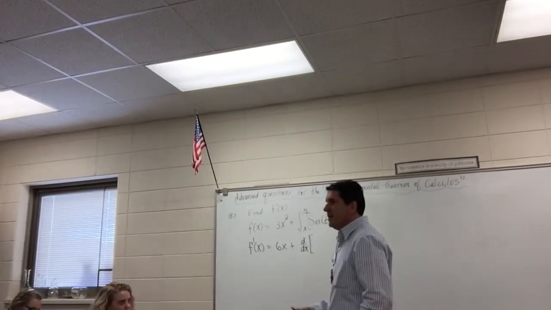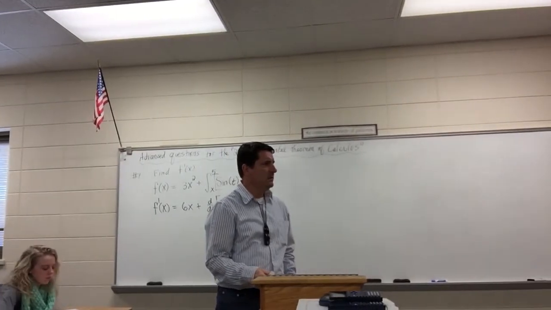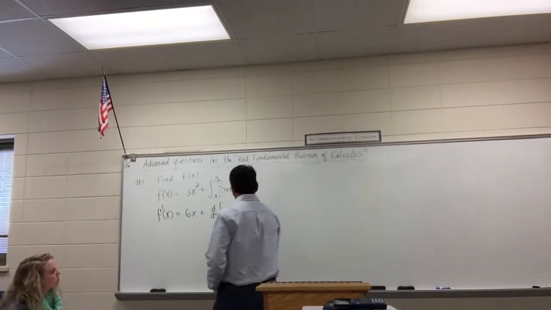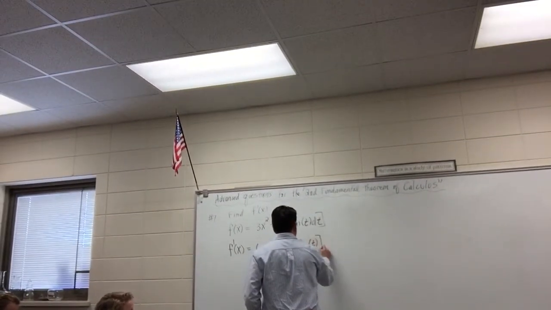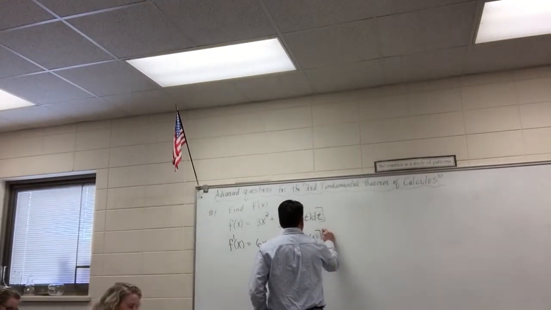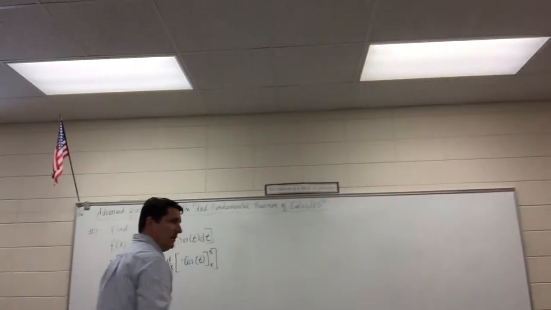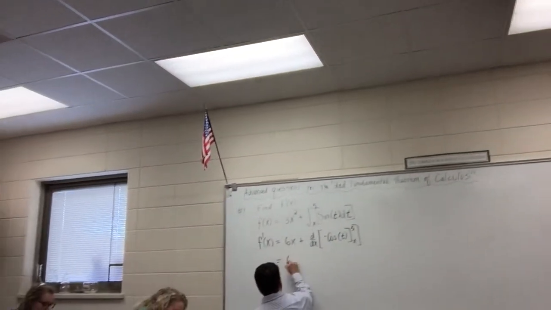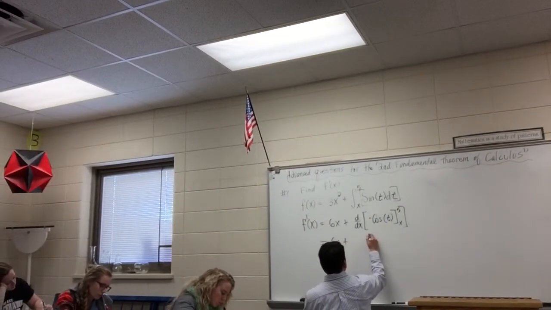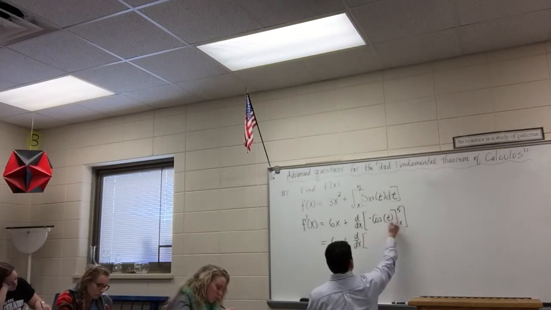We've got to integrate the sine of t. What's the integral of the sine? Negative cosine. So this is the negative cosine of t evaluated from x to 5. So this becomes 6x plus, well, I'm going to hold off on that again and do this thing.